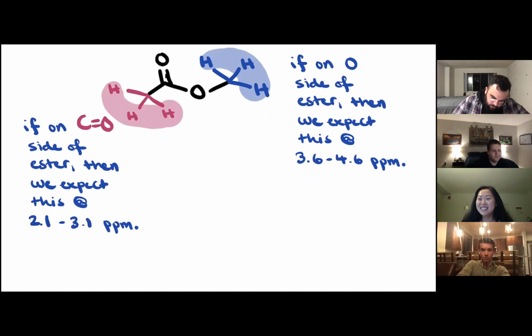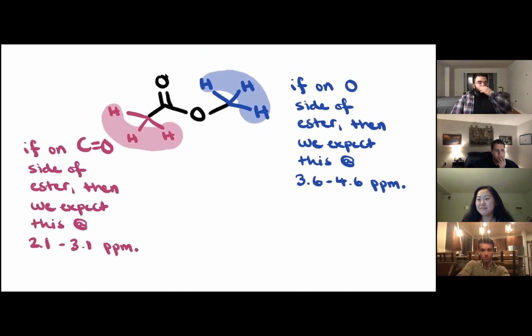Cool. So you can use that to pretty nicely find the orientations of your esters, right? If you want to know which direction the O is in, I would find any peaks between 3.6 and 4.6-ish.